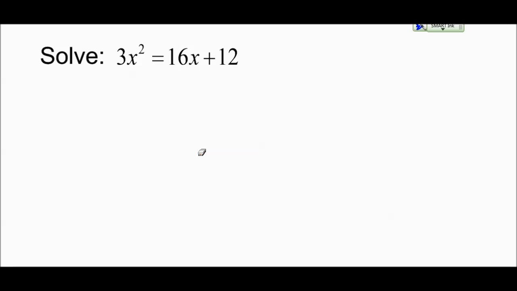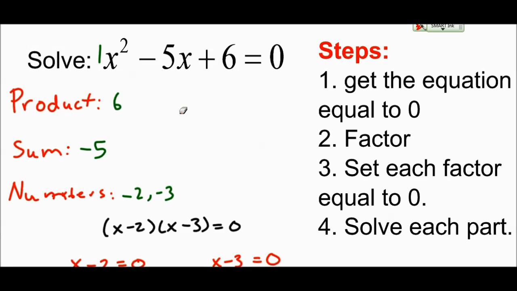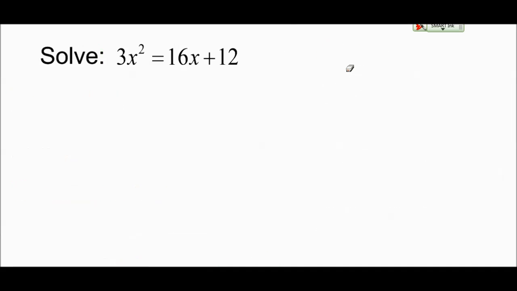Let's look at one more case. It's a little bit more complicated. Here I've got 3x squared equals 16x plus 12. Now if you remember, the first step was to get the equation equal to 0. So to do that, I'm going to manipulate this equation a little bit. Just out of personal preference, I like to keep my a positive.